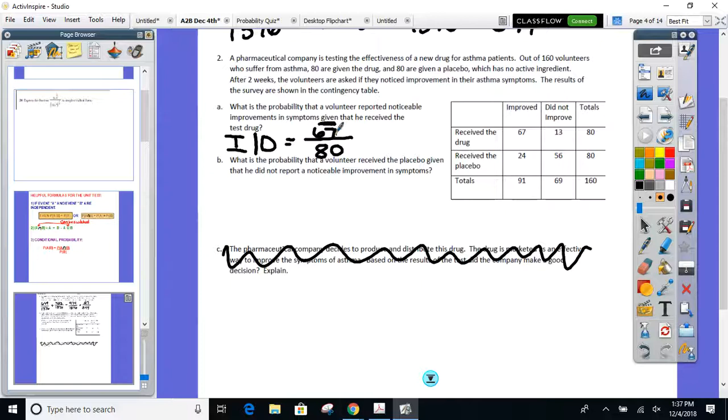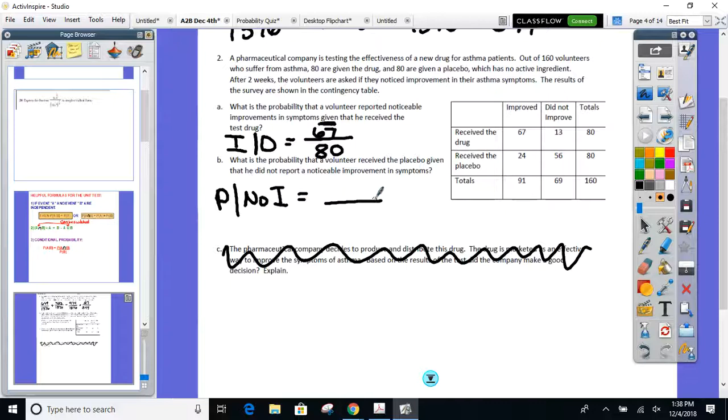Volunteer received the placebo given no improvements. I go P. How do I do no improvements? N. How about no I? And you can do whatever letters you want. I don't care. All right. What's my denominator now?